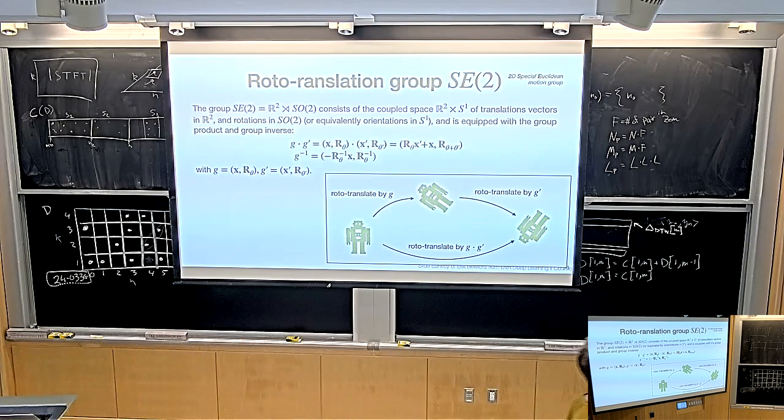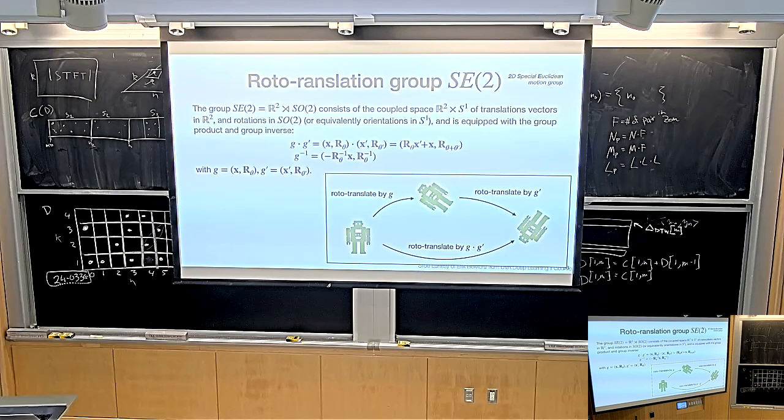So SE3 is the camera matrices. And SE3 is actually made up of two subgroups. One is the group of rotations, and one is the group of translations. If you take a camera matrix, there's always the translation vector. That's an element of the translation group. And then there's always the rotation matrix. That's an element of the rotation group.